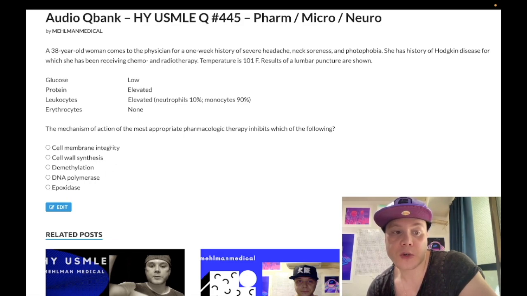The correct answer is choice A, cell membrane integrity. Okay, so they want amphotericin B for fungal meningitis. In real life, it's amphotericin B plus flucytosine, followed by a 1-year fluconazole taper. But I've seen them just ask straight up amphotericin B for multiple Cryptococcus neoformans meningitis questions.